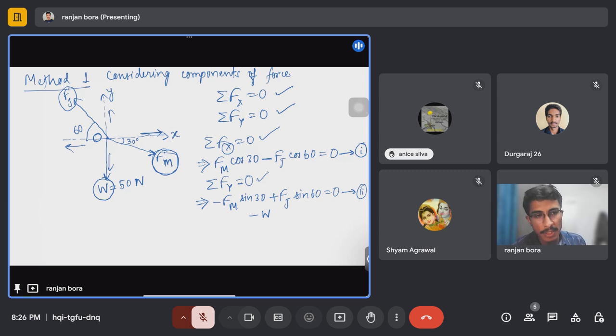So now we need to solve these two equations to get the answers. From equation 1, we can write Fm is Fj cos 60 divided by cos 30. Now we can substitute this Fm in equation 2.